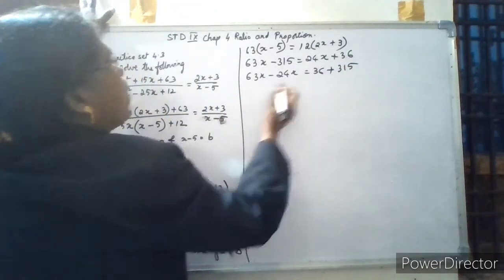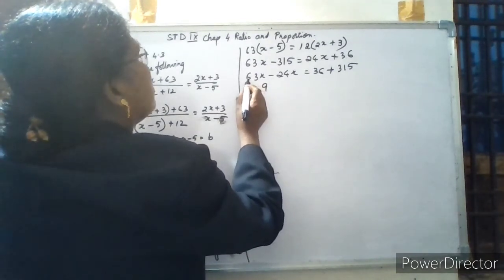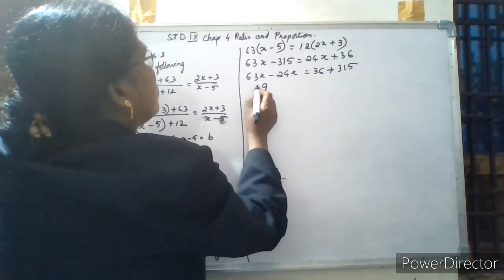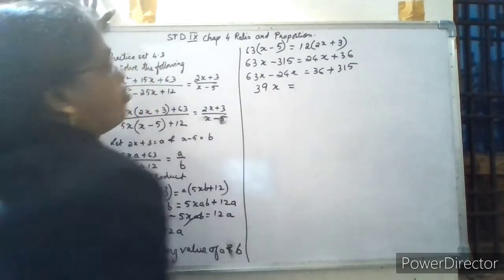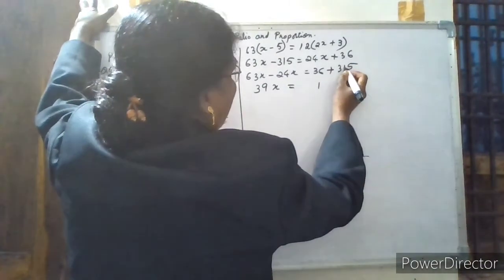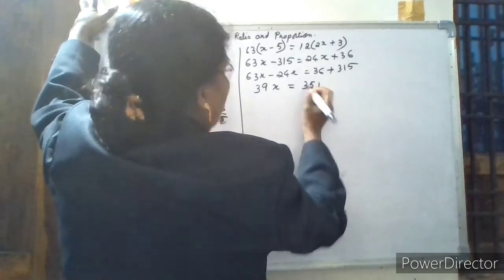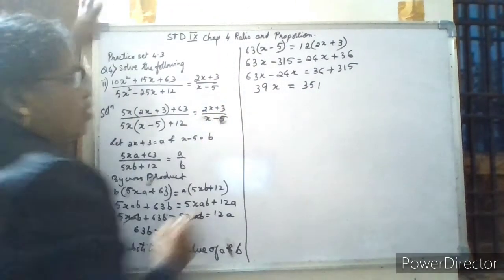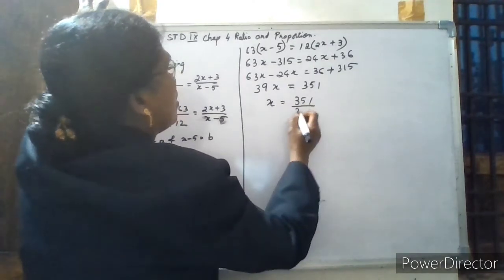Now subtract: 63 minus 24 is 39, so 39x equals 36 plus 315, which is 351. So x equals 351 by 39.